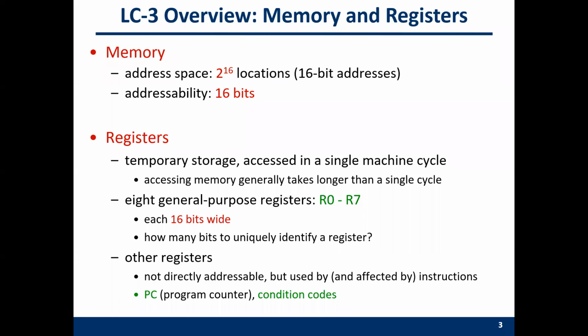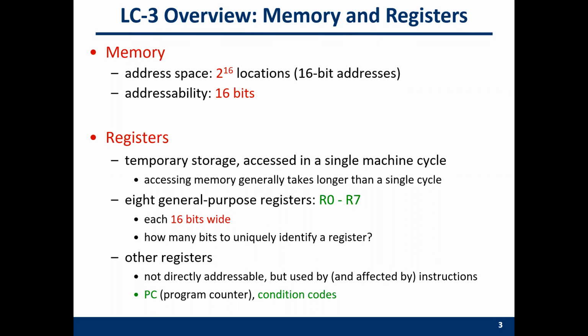It has 8 general purpose registers. A register is the memory component in the CPU, which can help you temporarily store some data. Generally, they are very fast. That's the reason why you have only a very limited number of registers.